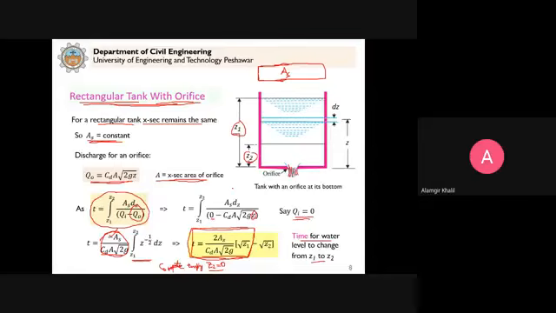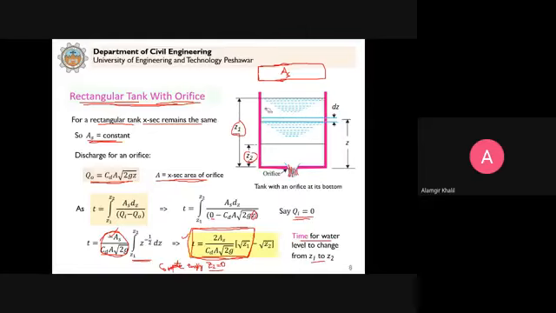You can now consider any number of cases where you are interested in calculating the time for the water level to change from one level to another. All you have to do is evaluate this integral. This is a very general formula, and you just consider different cases.